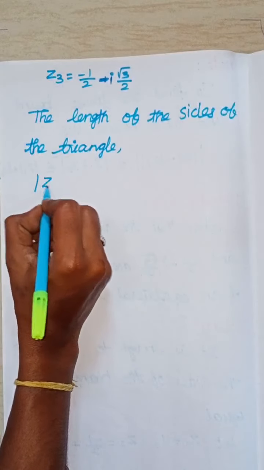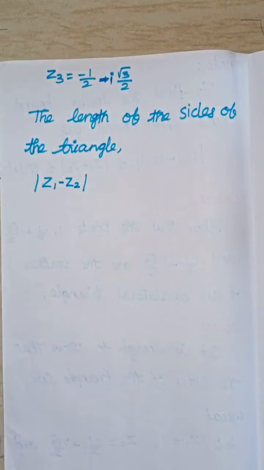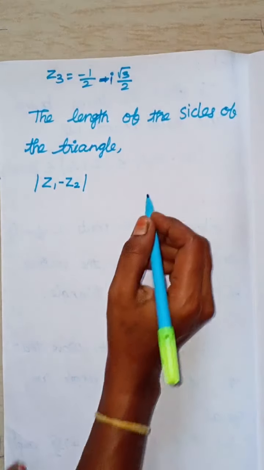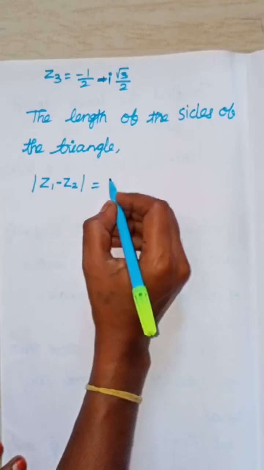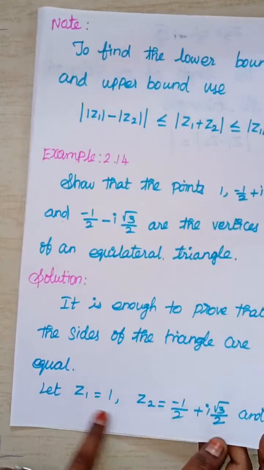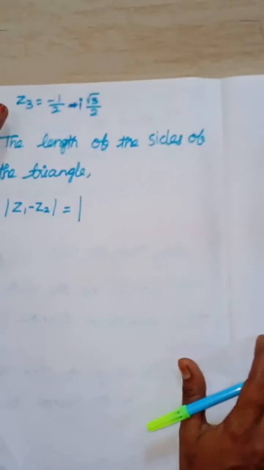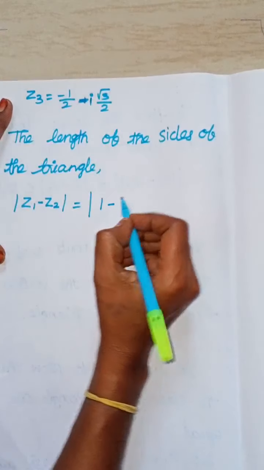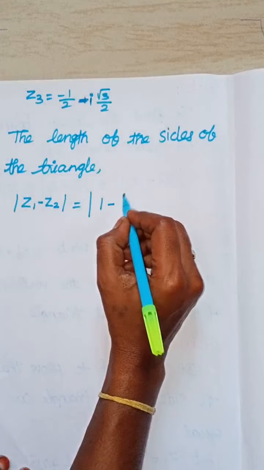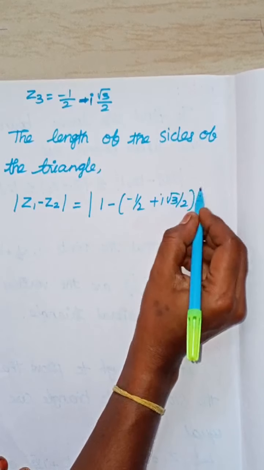First find modulus of z1 minus z2, the length for z1 and z2. So modulus of z1 minus z2, where z1 is 1 and z2 is minus 1 by 2 plus I root 3 by 2.